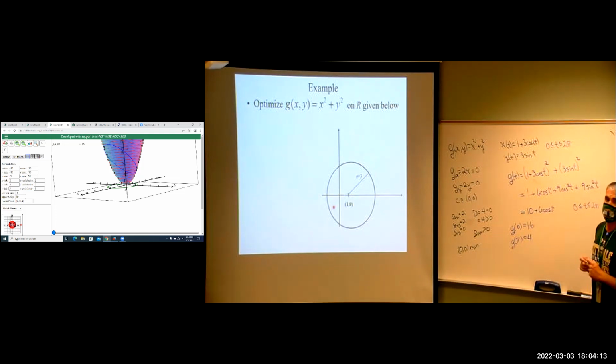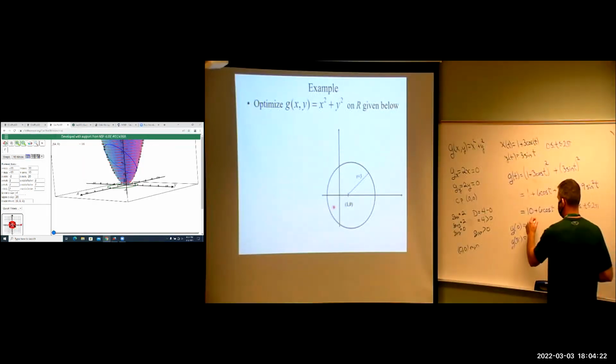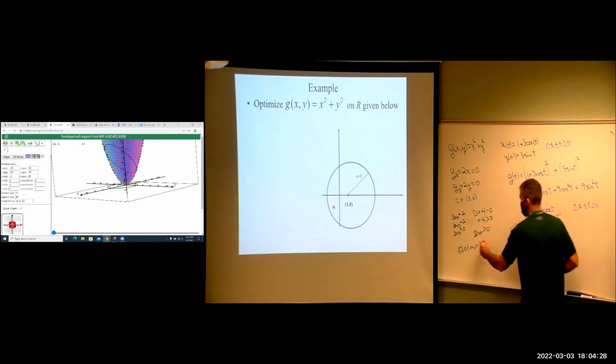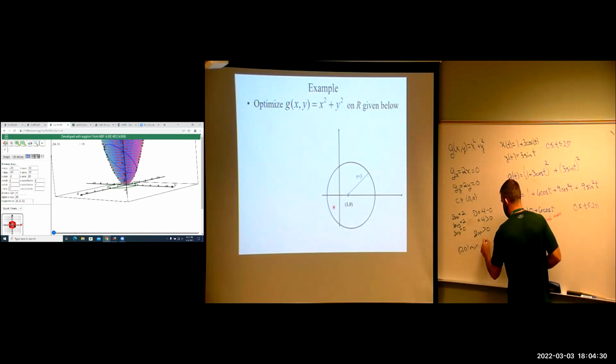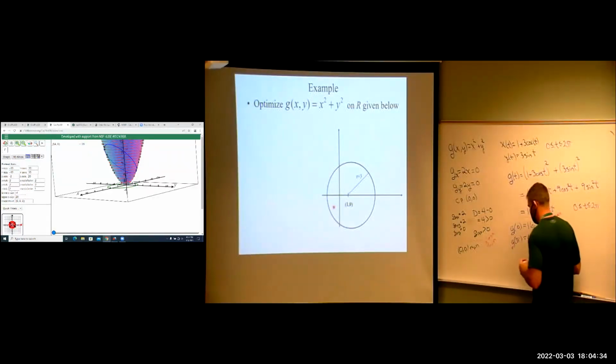So, remember what we wanted? We wanted a global max and a global min. We can see it clearly now. That's our global max. This is our, sorry, I know the red's not going to show it very well at home, is our global min.